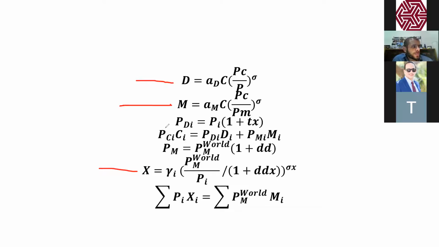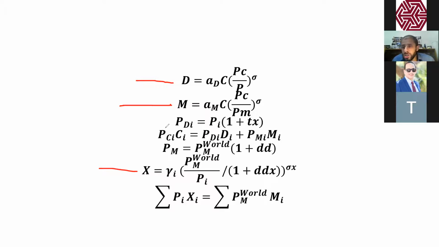For instance, I will have to change the label of some products. This means that in order to make a product exportable, we have to add some additional characteristics to the product. That's why there is an imperfect substitution between domestic goods and exported goods.